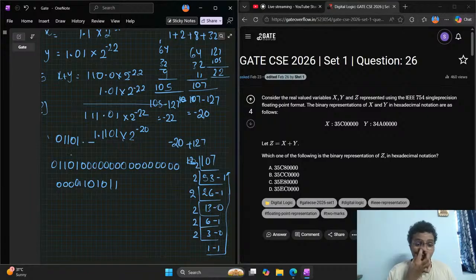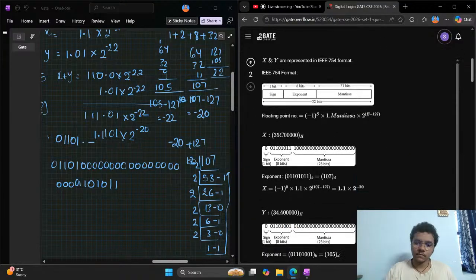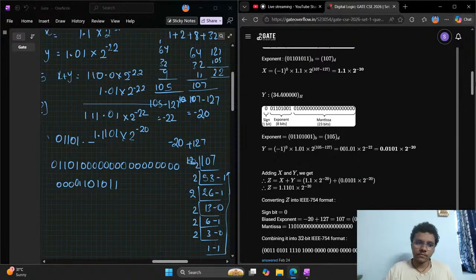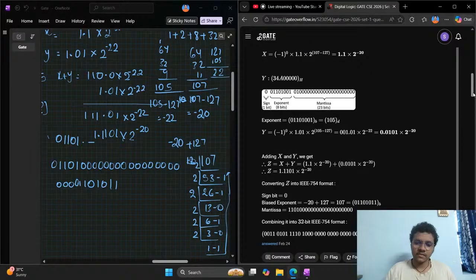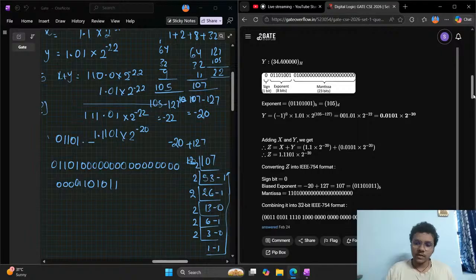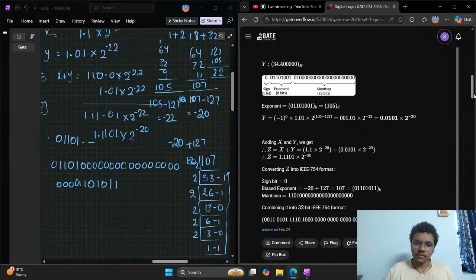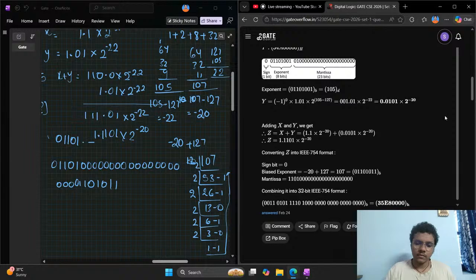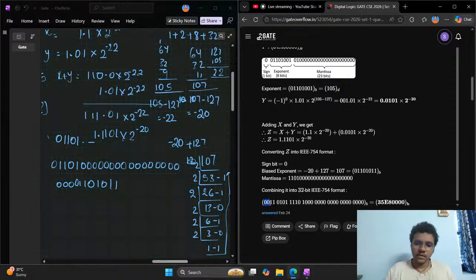Oh shit. 1.1101 into 2 to the power of minus 20, converting Z to. Right, we got it. How did this guy get this?